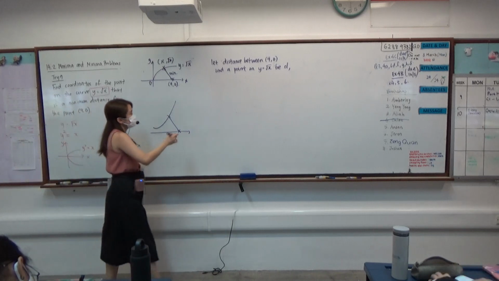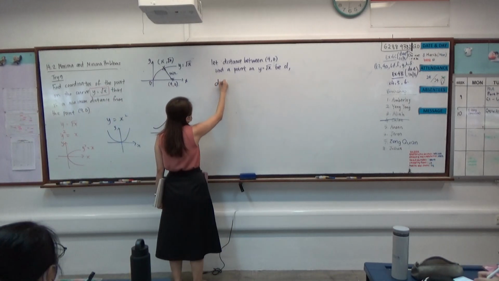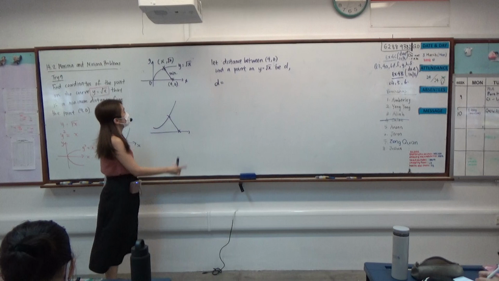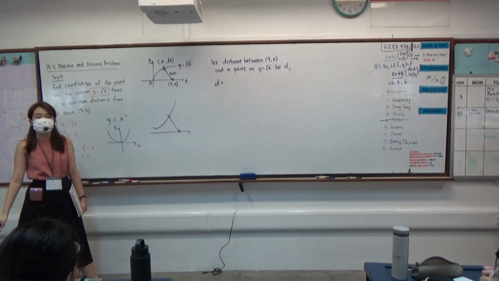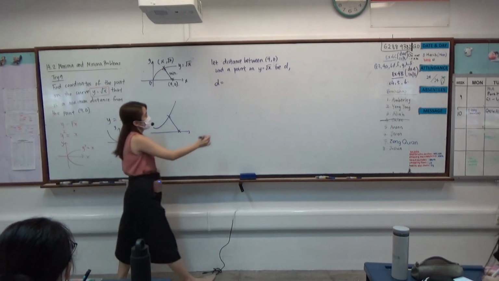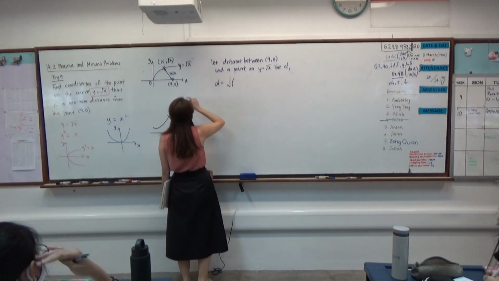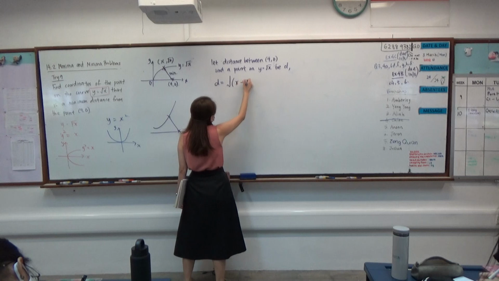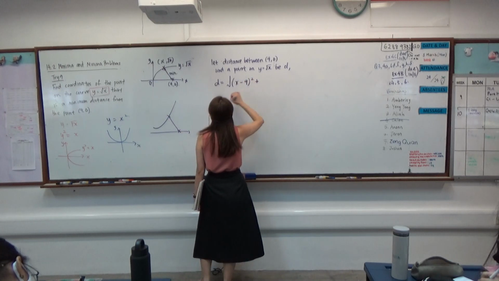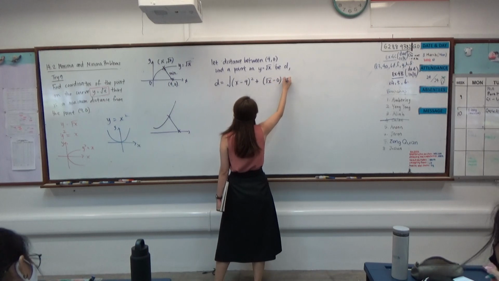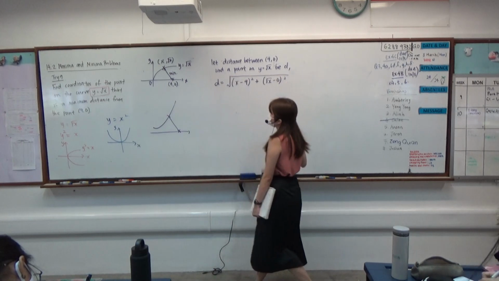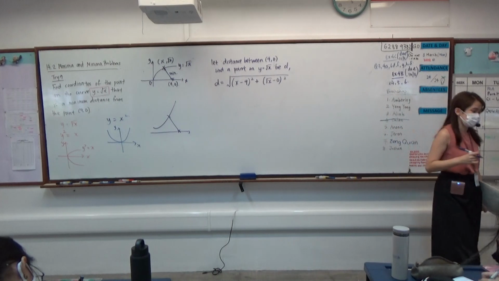Okay, so that means that the distance d, since I know this coordinate and I know this coordinate, I use the length of line segment formula. That will be square root of difference in x coordinate, so x minus 9 squared, plus the difference in y coordinate, square root x minus 0 squared. So that's how we form the equation.